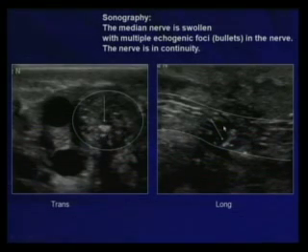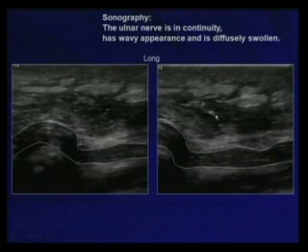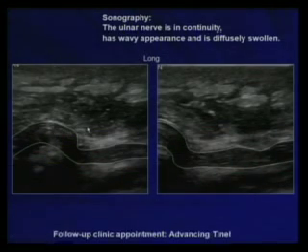Of course, this is the longitudinal view, and this is the short axis view. And you can see the swelling, the heterogeneity, and the foreign bodies. But there was no discontinuity of the nerve. And look at what happened with the ulnar nerve. Look at the wavy appearance of the ulnar nerve due to the shortening of the humerus, but there was no nerve discontinuity.